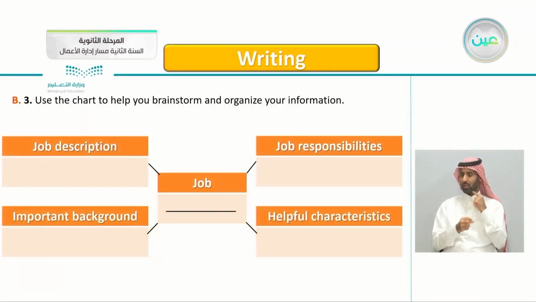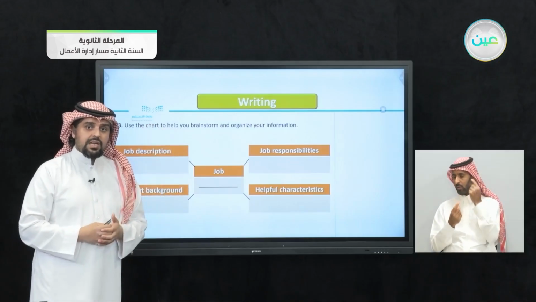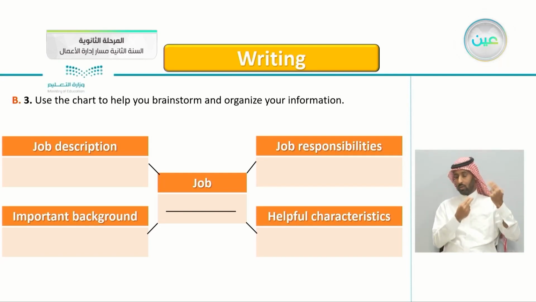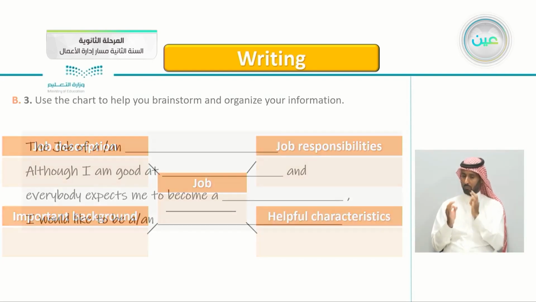So use this chart to help you brainstorm and organize your information. Fill it up, and it will help you to brainstorm and come up with the perfect job title for you, job description, important background, the responsibilities in this job, and the helpful characteristics that will help you in this job. Once you find all of this information, you will find your suitable job.